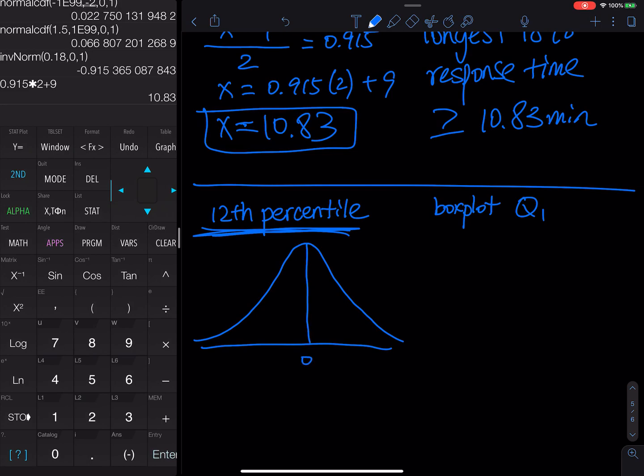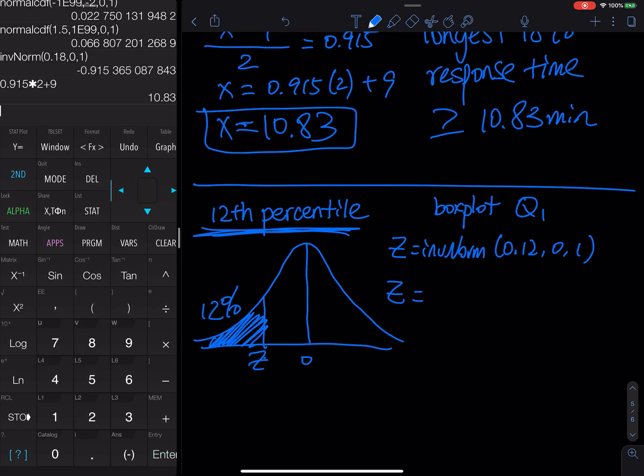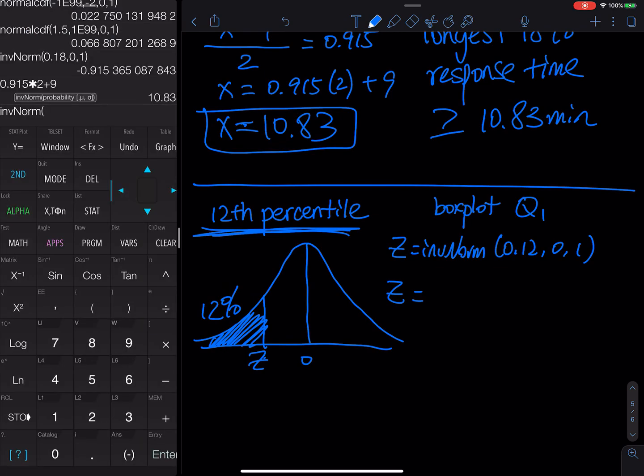Zero. 12%. Z is equal to inverse norm 0.12, 0 and 1. So second vars, and then we have inverse norm, 0.12, and then mean is equal to 0, standard deviation is equal to 1.